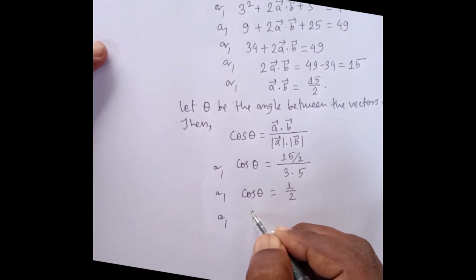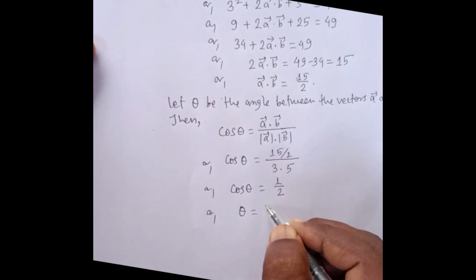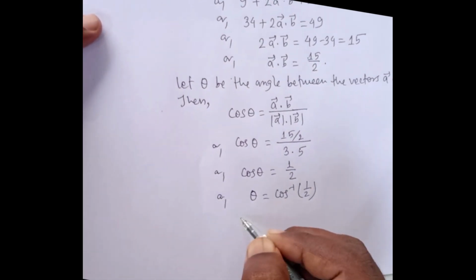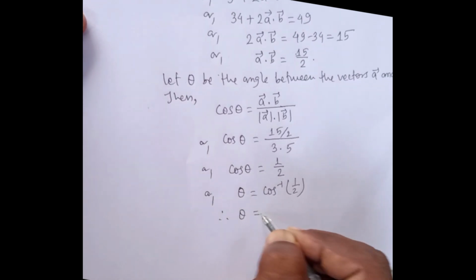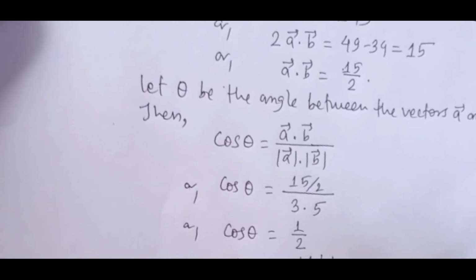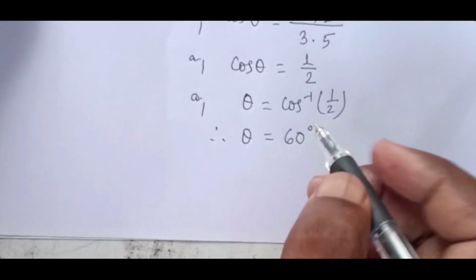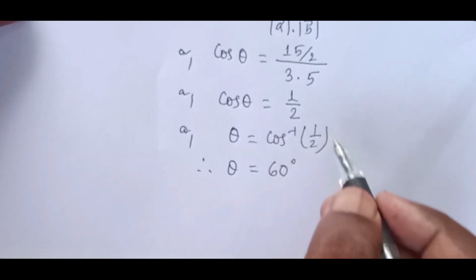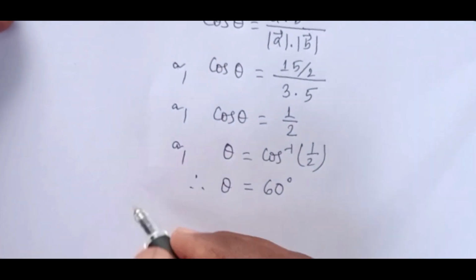Theta is equal to inverse of cos 1 by 2, which is 60 degrees.